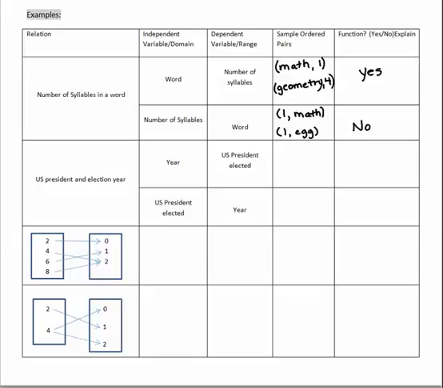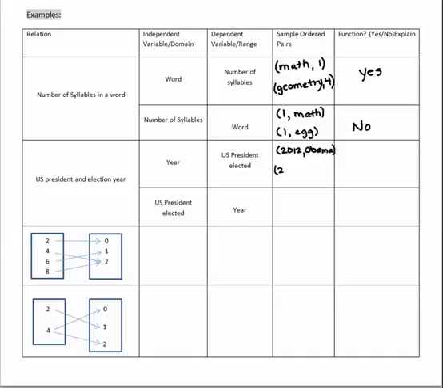Let's try one more. What if the relationship is between the US president and the year in which he was elected? If my input is the year and the output or dependent variable is the president that was elected, I could, for example, say that in the year 2012, the output would be Obama.